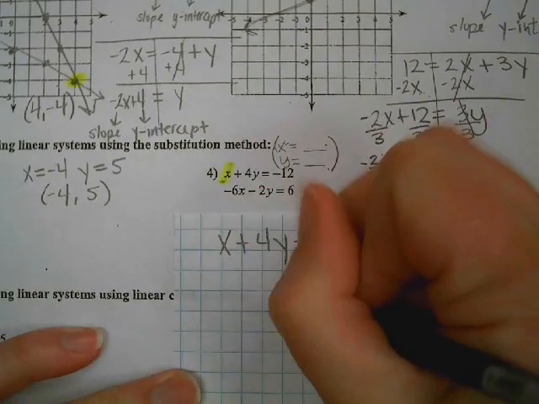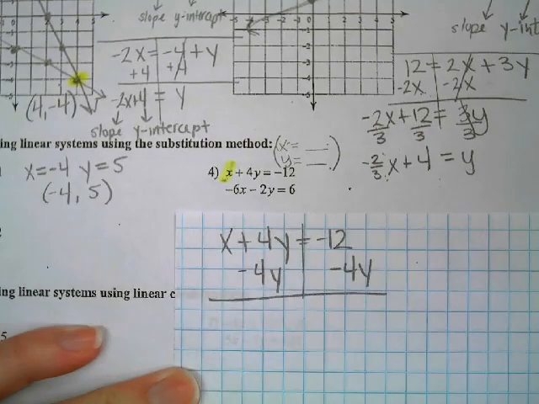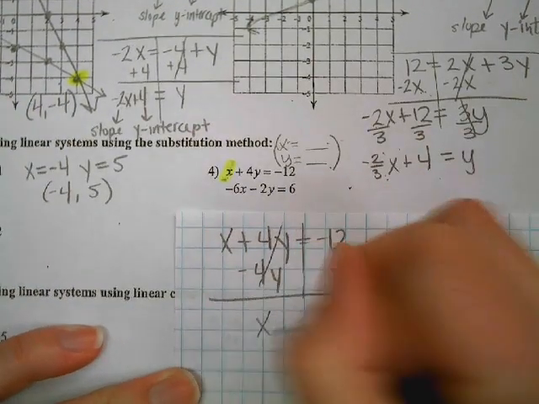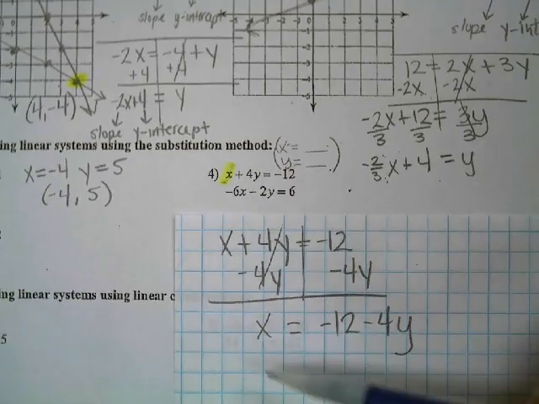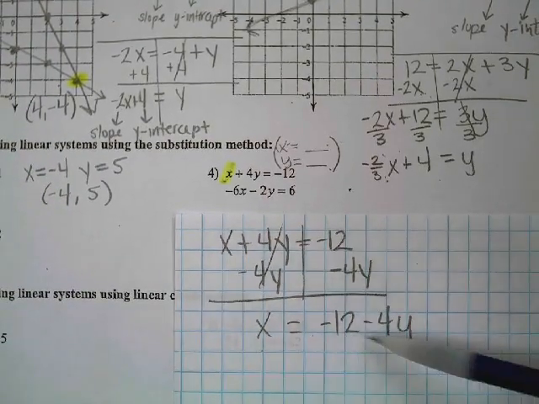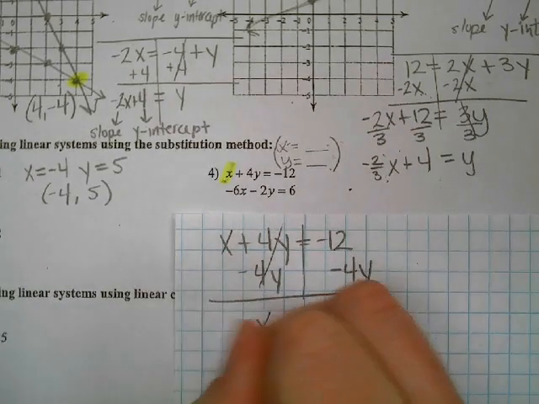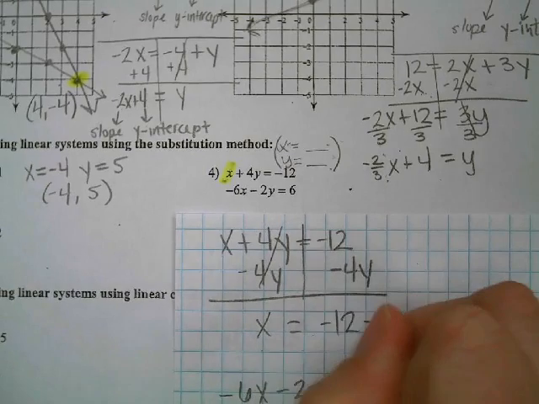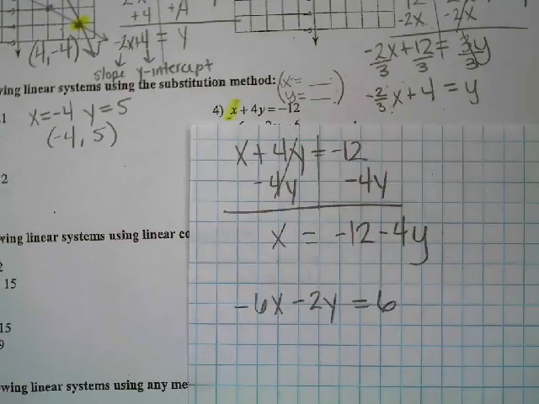If I want to get x by itself, I'm going to subtract 4y from both sides. So here, x equals negative 12 minus 4y. I now have x equals something, which is my first step. Since I didn't use the second equation yet, I'm going to copy that down and use it in my substitution step.